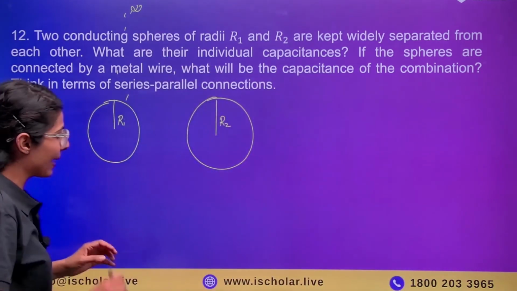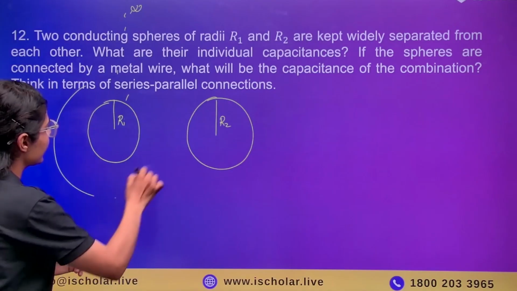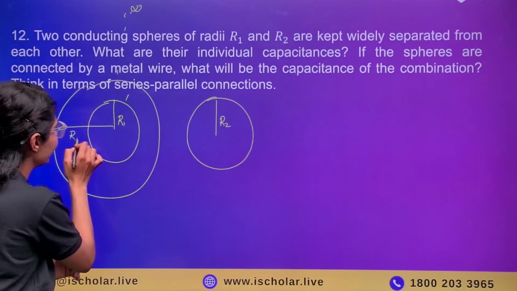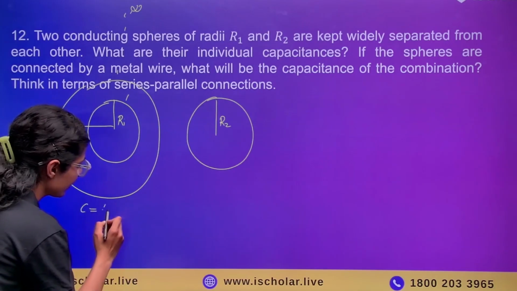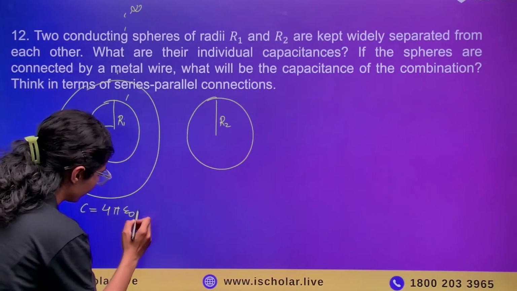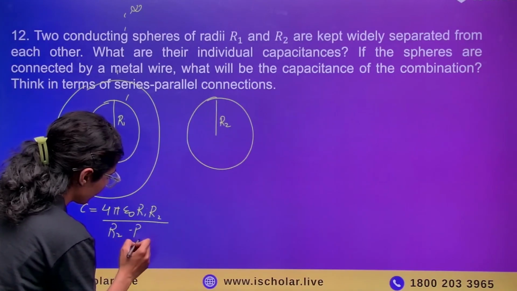If you have two metal conductors, for example with radii R1 and R2, the total capacitance, students, is given by 4 pi epsilon naught R1 R2 divided by R2 minus R1.